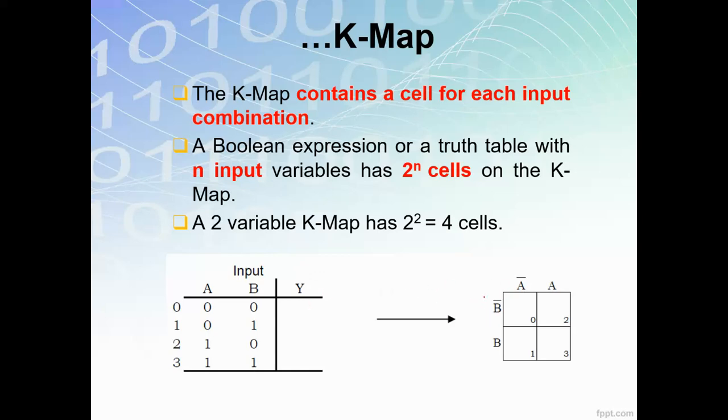This is how the input combinations are arranged for the two variable Kmap.